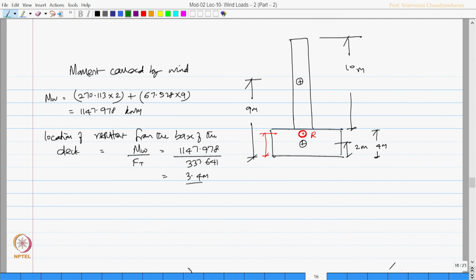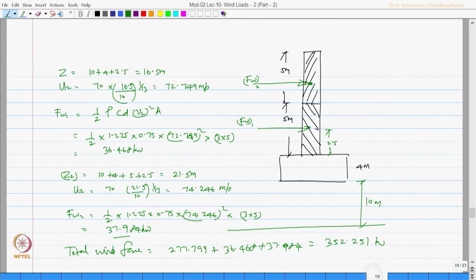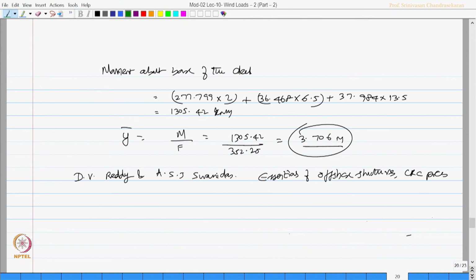Let us say this is my derrick, this is my deck, one CG and another CG. This is because of API, this is because of constant. That is how it can be computed. So the problem clearly explains how to use the API code as well as constant value for estimating the moments and resultant due to wind.